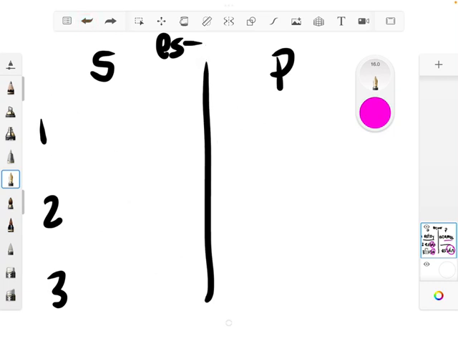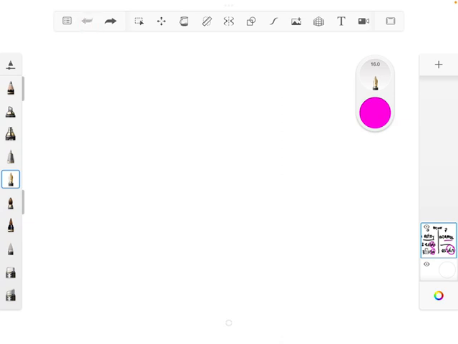All right, so uses for estar and ser. This is where we break down when you would use one or the other. For estar, you're going to use it for location, health, and well-being.